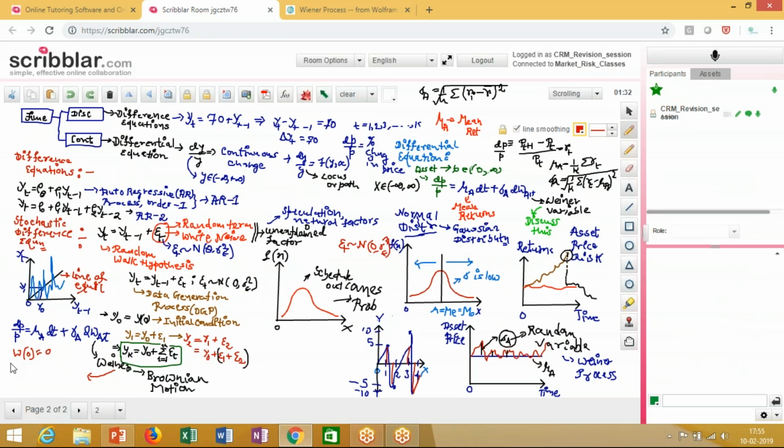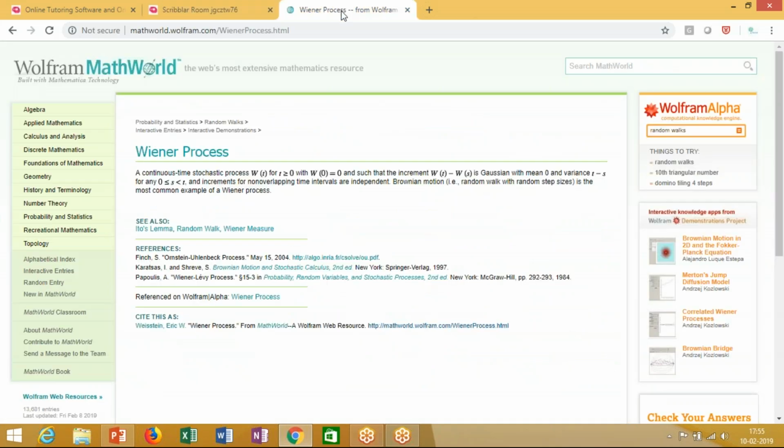So the difference between these two, WT minus WS, this change, this increment is Gaussian.